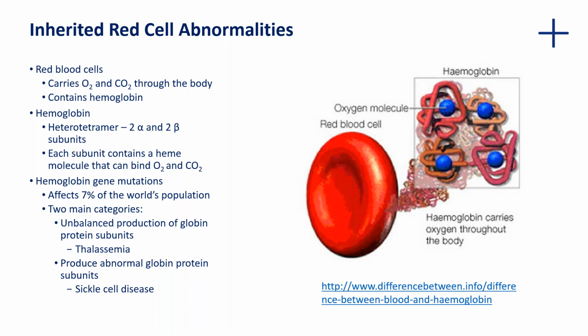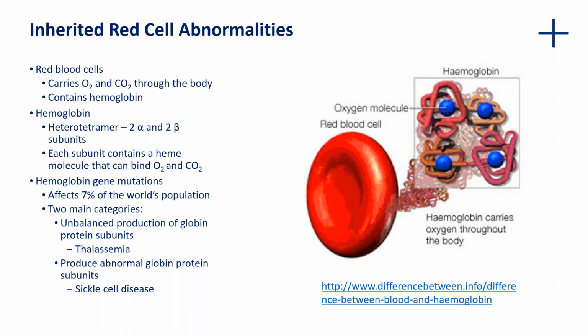Hemoglobin is a heterotetramer, which means it has 4 subunits to its structure. The hemoglobin contains 2 alpha and 2 beta subunits. In each subunit, there is a heme molecule, and it is the heme that binds the oxygen and the carbon dioxide.